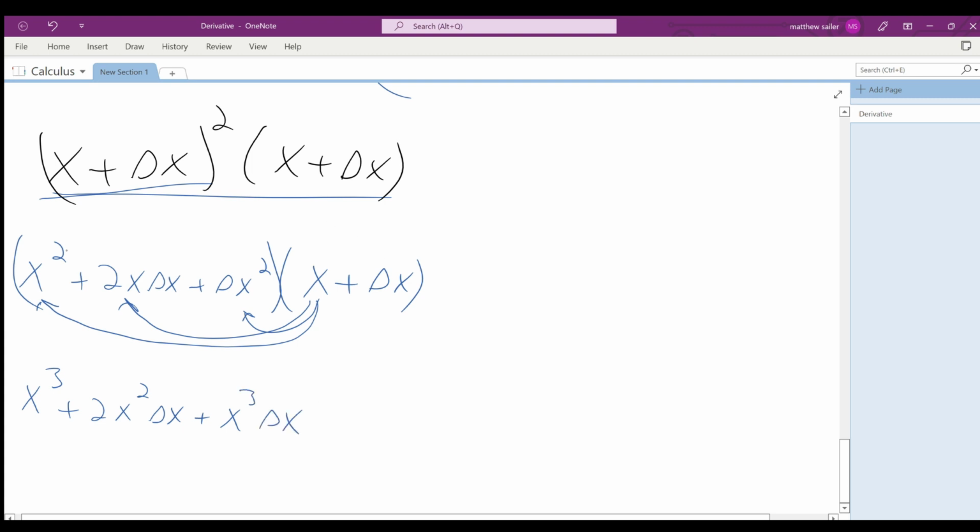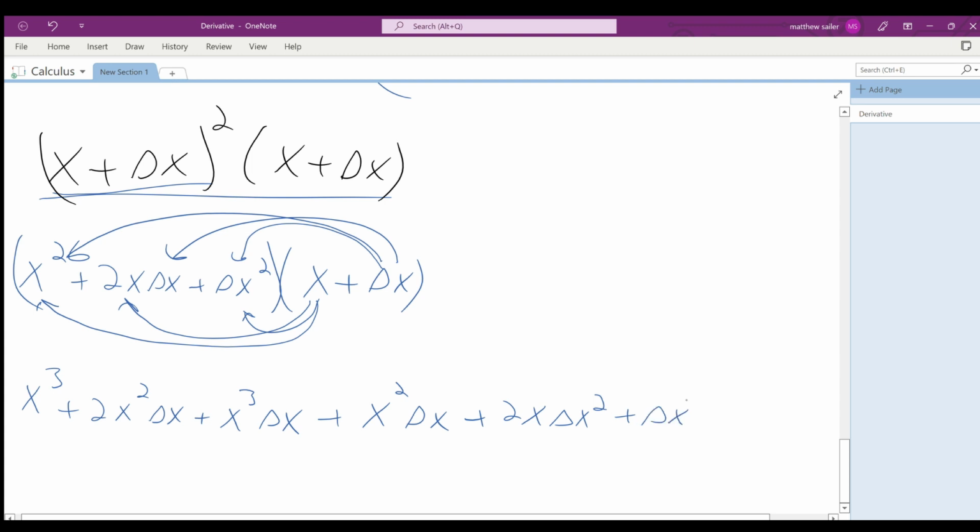Now delta x times x squared is x squared delta x. Again, this is a pain, you just have to power through it. Plus 2x delta x squared. Finally, plus delta x cubed. This is a lovely equation.